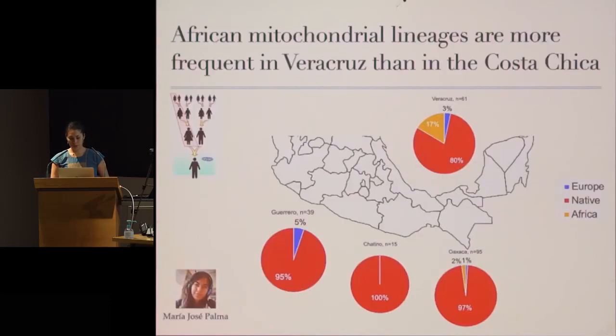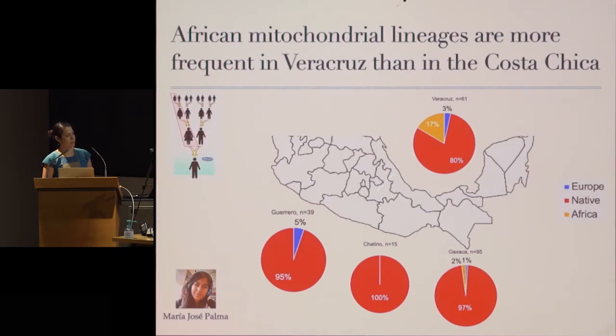Jumping quickly to the first results, we could characterize using this genotype the mitochondrial haplogroups. We break them down here by continental ancestry, so European in blue, native in red, and African in yellow. One first thing we can notice is that while in Veracruz we have some fraction of African haplogroups, we see almost none in the Costa Chica.